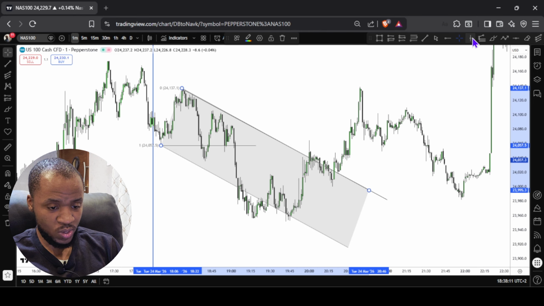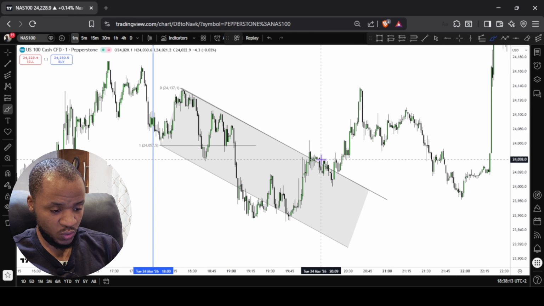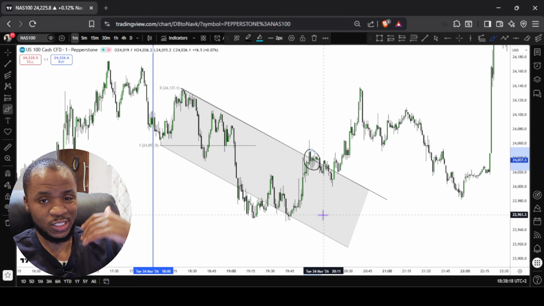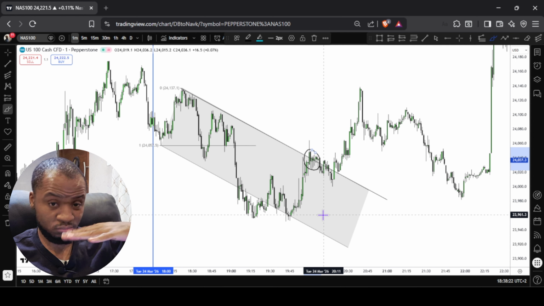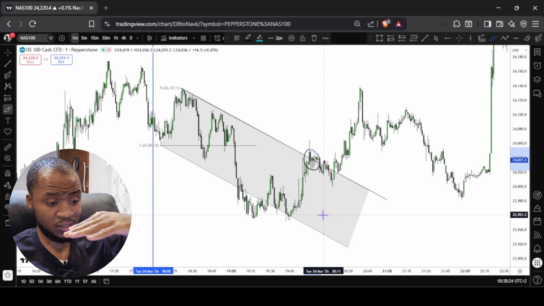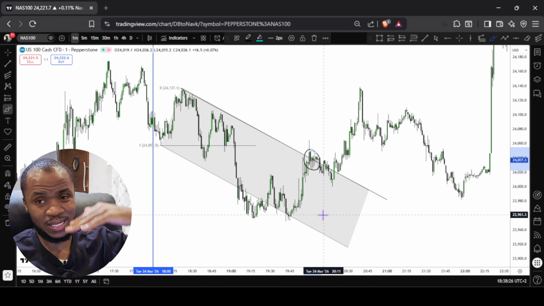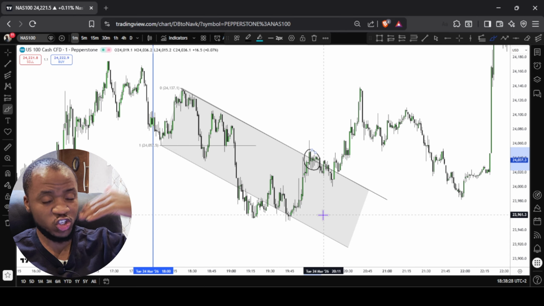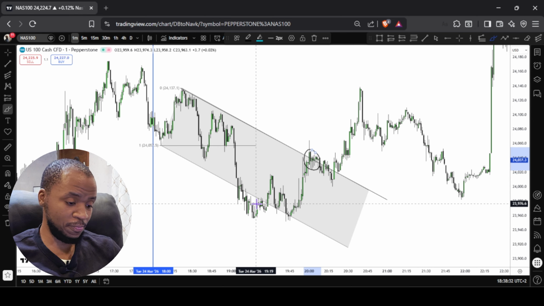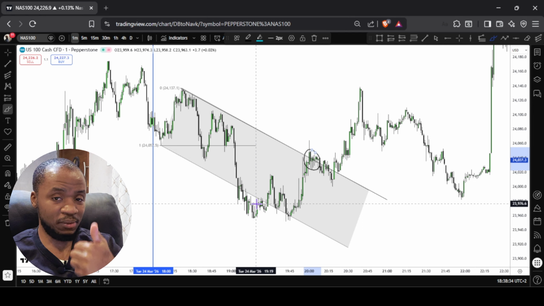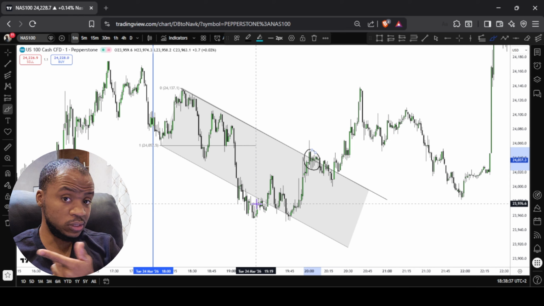So when we look for a breakout, we want to see that now the market has broken out from the trend line. What does that mean? That simply means that you need to now go and check if, on a previous break underneath your channel, the market broke out or didn't break out.